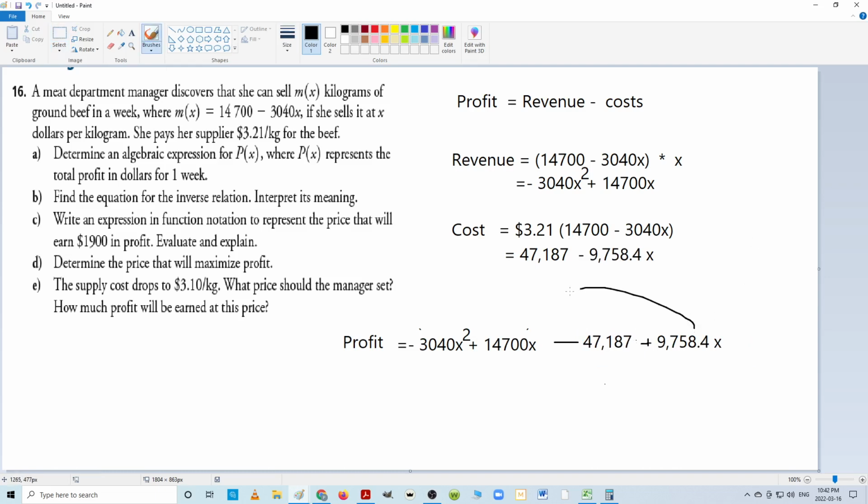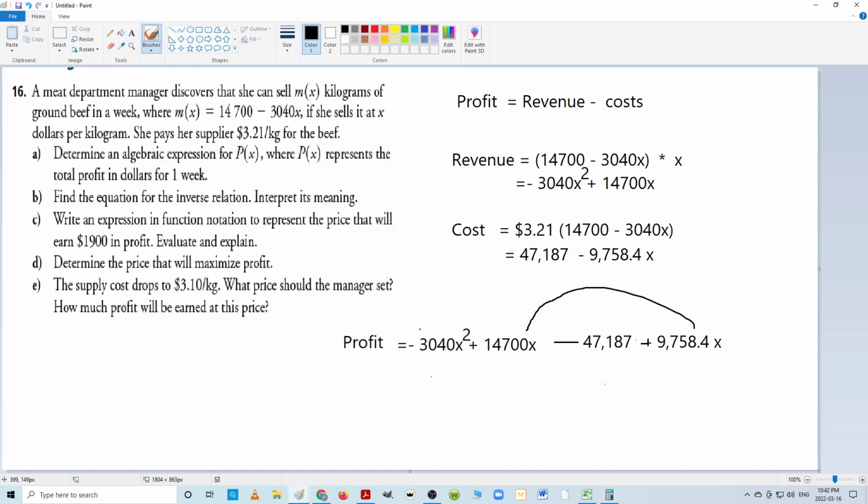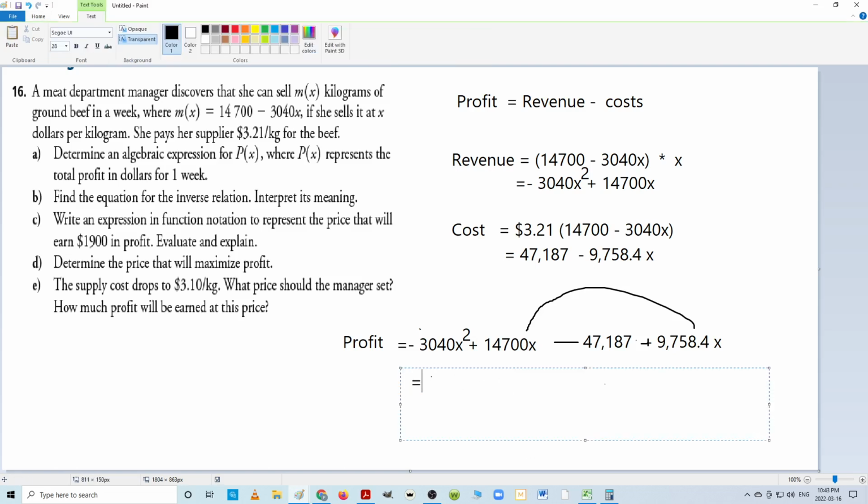Now, you'll notice they have some like terms here, so you have to add them together. And you get this, x. So finally, you get this as your profit.